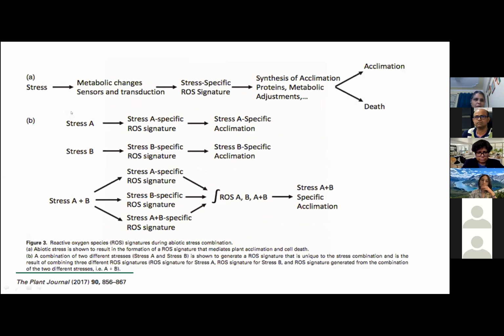So when you have stress, metabolic changes and a stress-specific ROS signature would be there, and acclimation or death, whatever could happen, will be determined. All these stress signatures are specific for specific stress. Stress A would have a specific ROS signature, B would have a specific one, and both of them together would have a specific signature and acclimation.